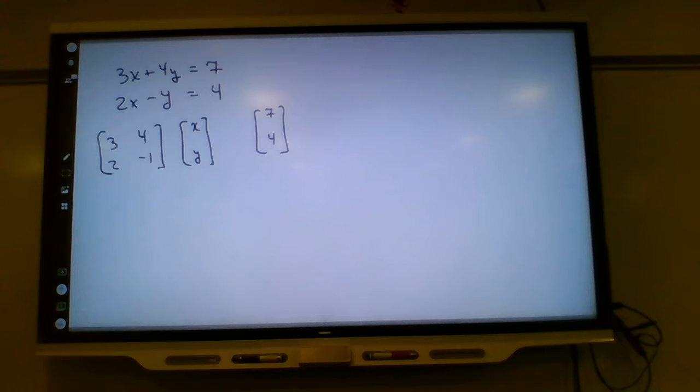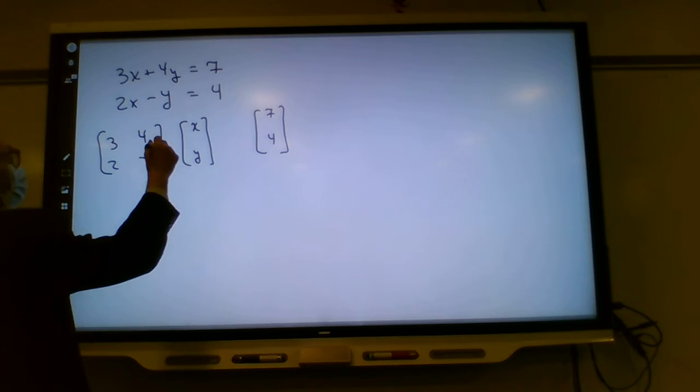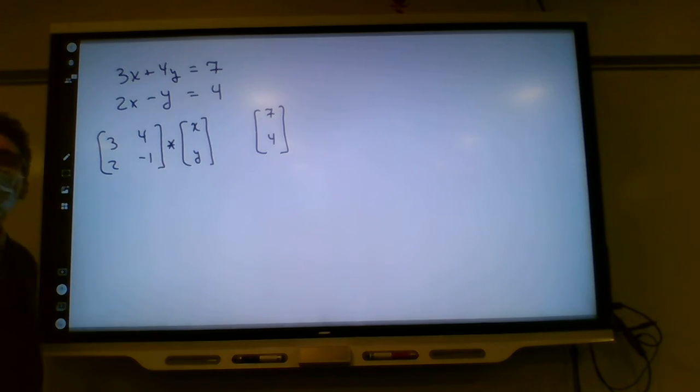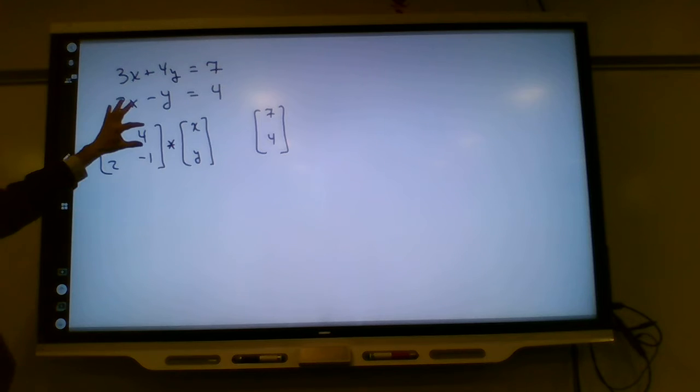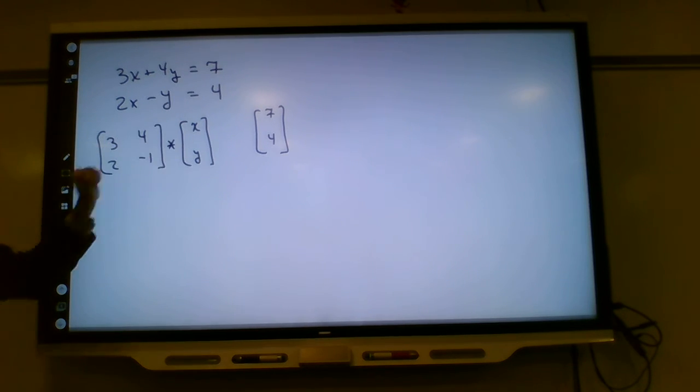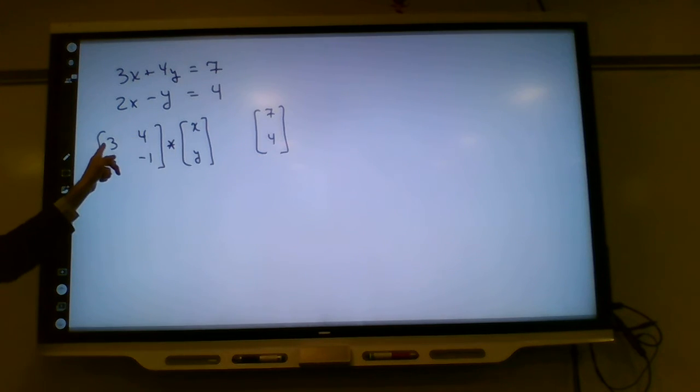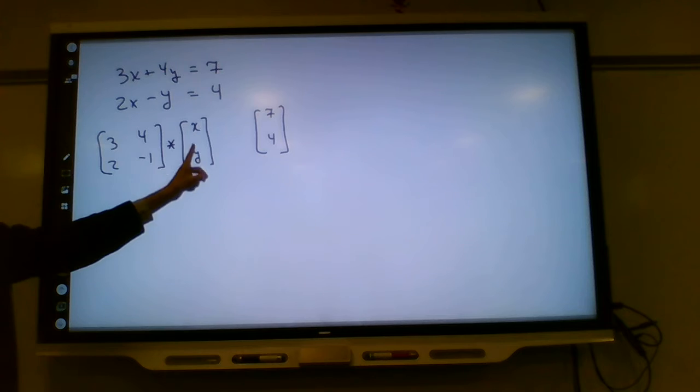So the way matrix multiplication is defined, at least a matrix multiplied by a vector, is for each row here, we take the dot product of that row with that column. What is the dot product of this first row with this column?